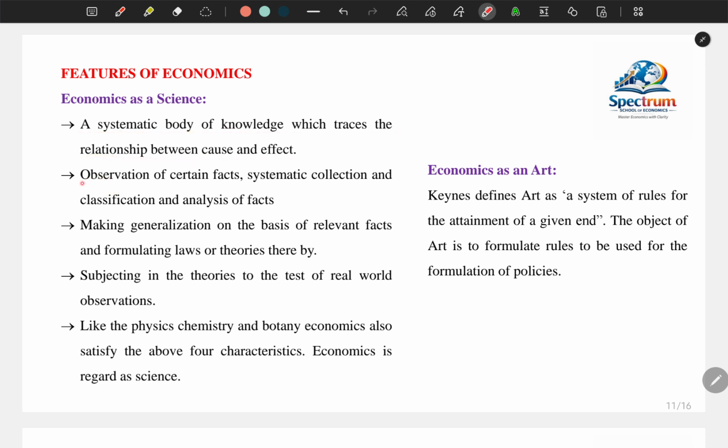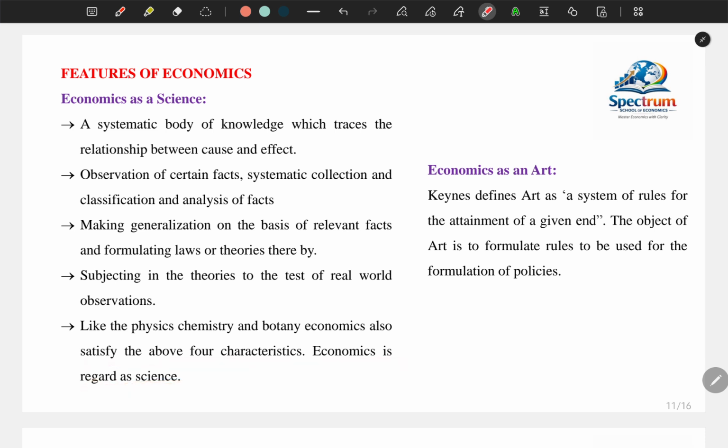It involves observation of certain facts, systematic collection, classification and analysis of facts, making generalizations on the basis of relevant facts, and formulating laws or theories thereby. It also subjects theories to the test of real-world observation. Like physics, chemistry and botany, economics also satisfies the above four characteristics. Economics is regarded as a science.